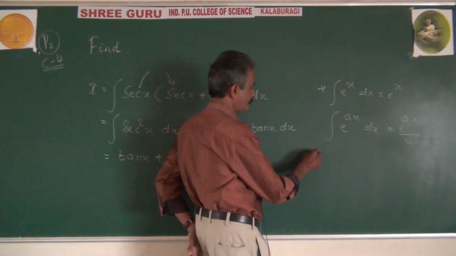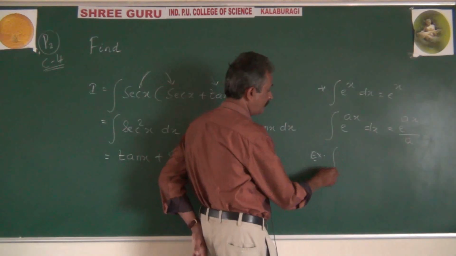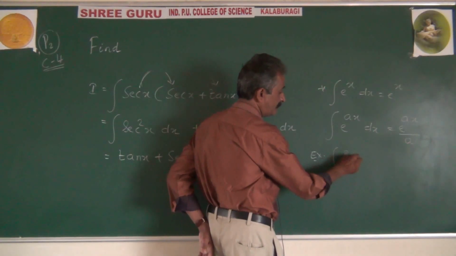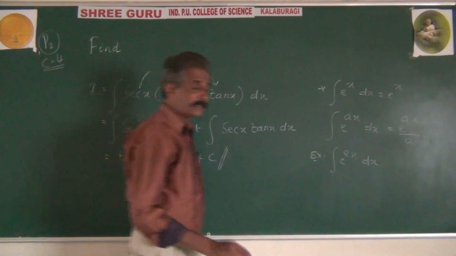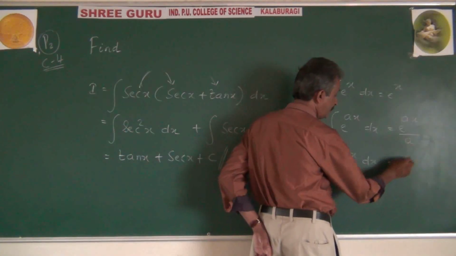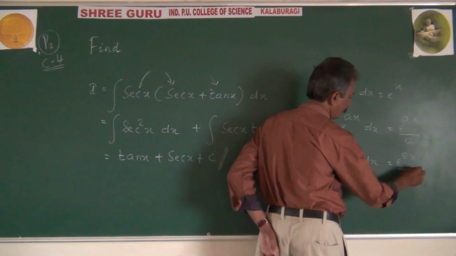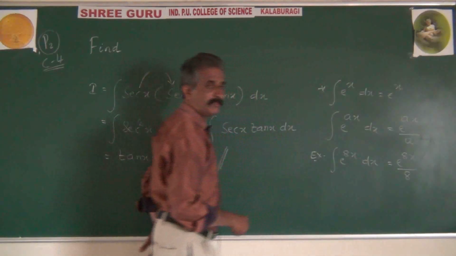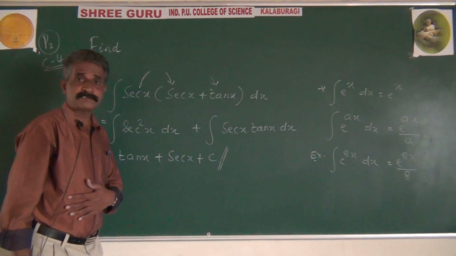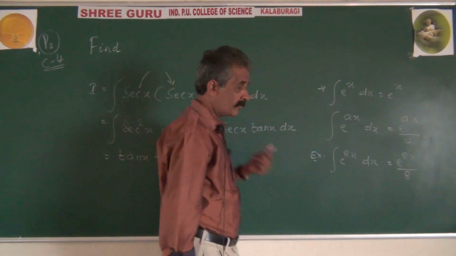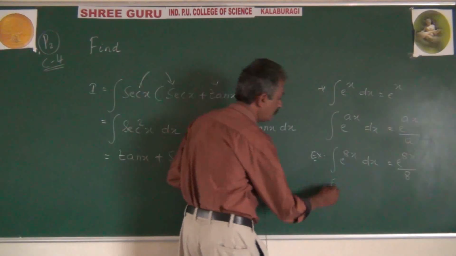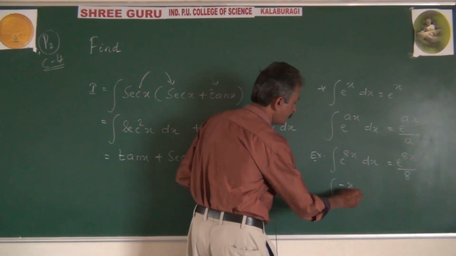For example, integration of e power 8x dx. The answer will be e power 8x into 1 divided by 8. If the same function is considered for differentiation, then the answer will be 8 into e power 8x. No wonder. Another example, integration of e power minus x dx.